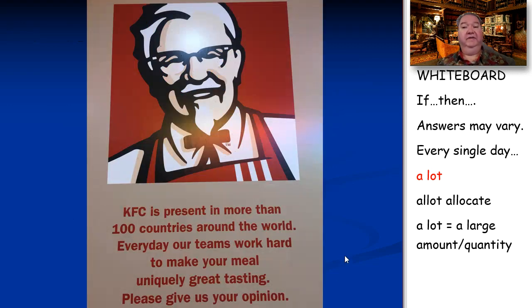Let's look at a couple of examples here using that. KFC, Kentucky Fried Chicken. KFC is present in more than 100 countries around the world. This is a little awkward. I'd probably say like KFC is located in more than 100 countries around the world. Every day our teams work hard to make your meal uniquely great tasting. Please give us your opinion. Is this the correct usage of every day?